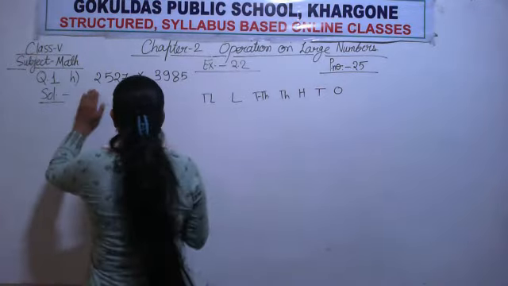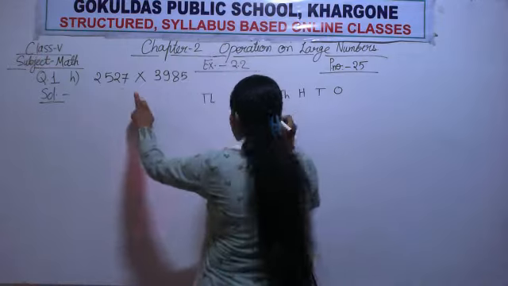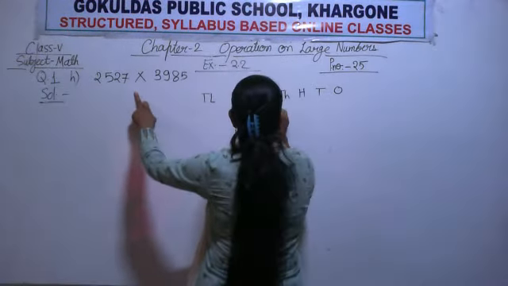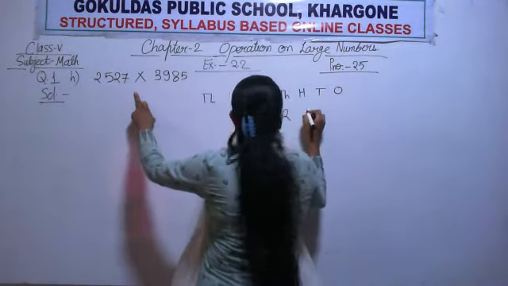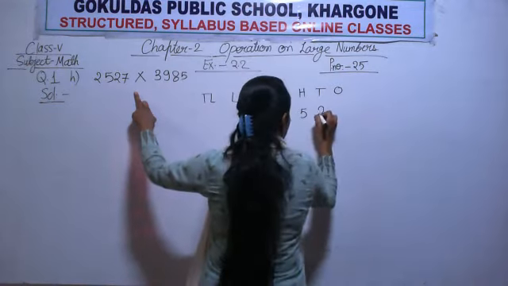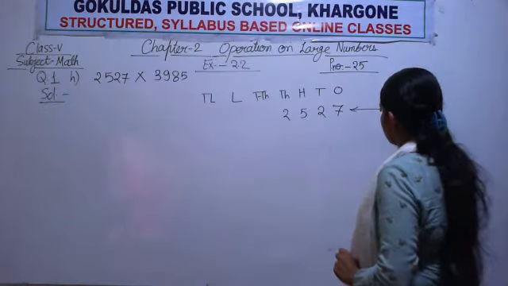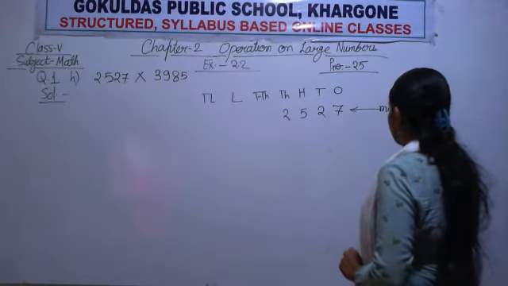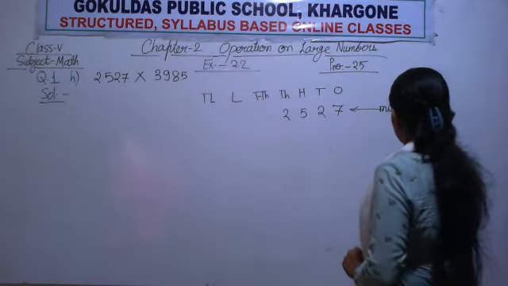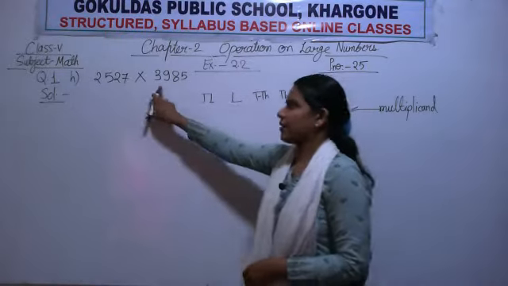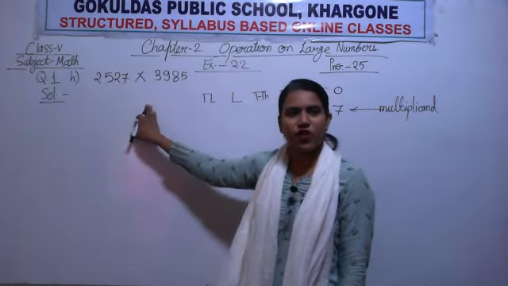Okay, let us write. The first number is called the multiplicand, which is 2527. And the number by which we multiply is called the multiplier.